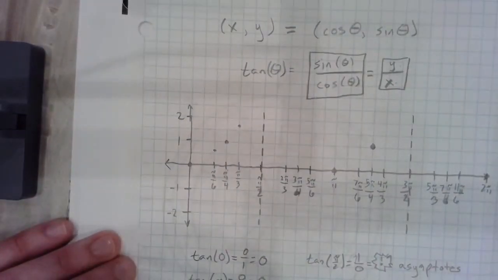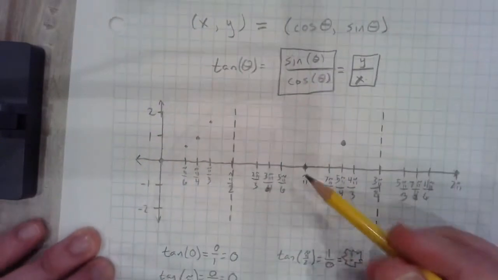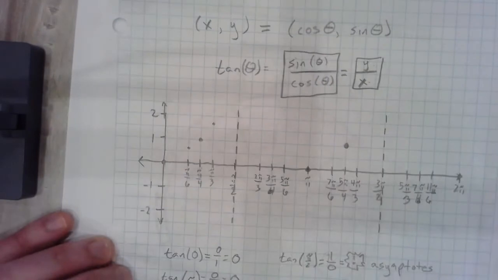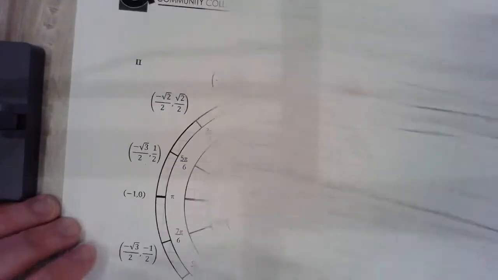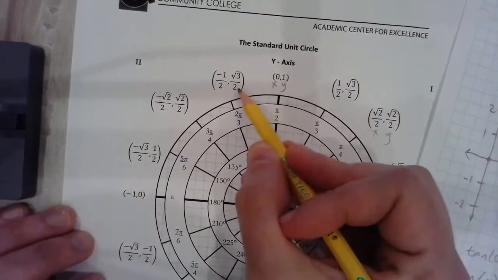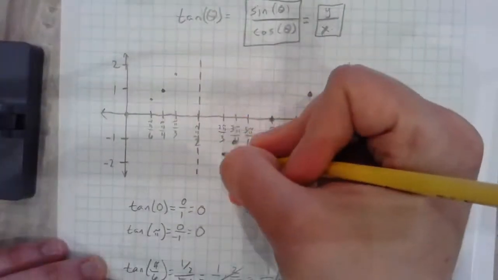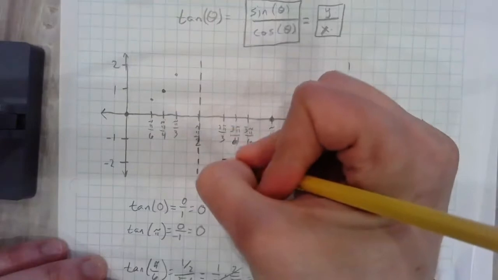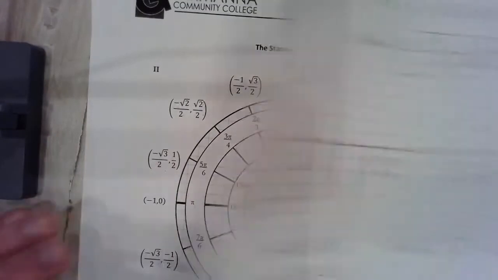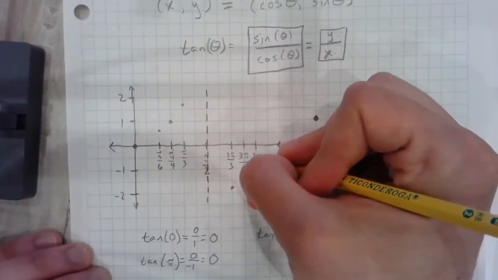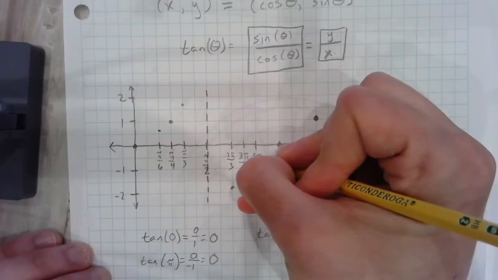There we go. Now, I'm going to speed along real quick because let's just look to see what the rest of this will look like. So this next one is the same thing as that, but negative. So that's going to be negative 1 3/4. Then 5 pi over 6 is going to be negative 0.58. So right by that.